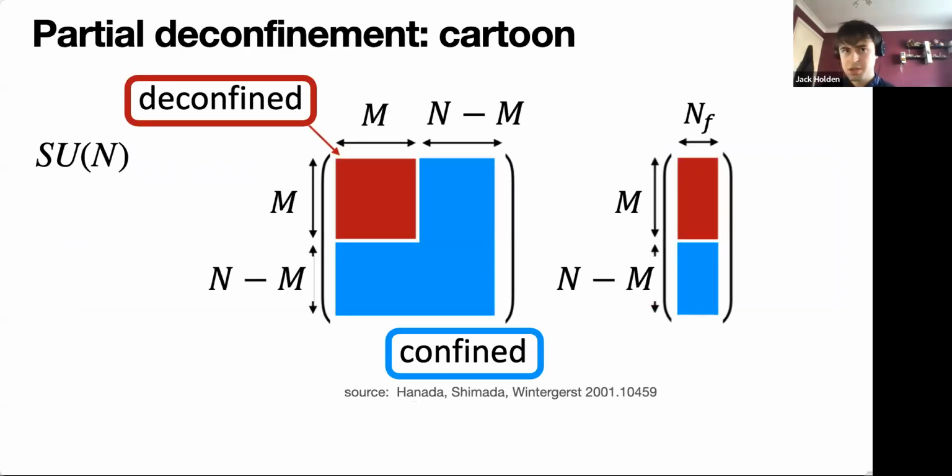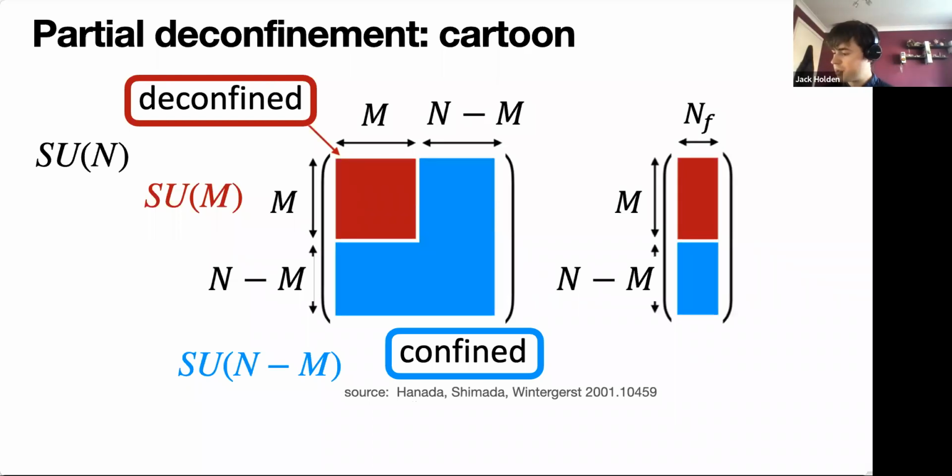So this is the cartoon again. As I explained before, in the partially confined phase, adjoint matter will split like this, where we have an SU(M) deconfined subgroup and an SU(N-M) confined subsector.